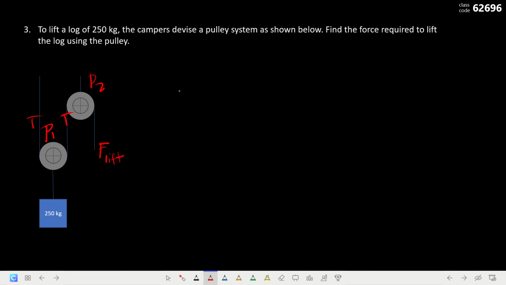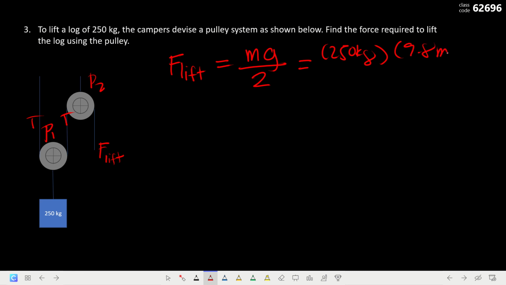Let me rewrite our solution here. We said that the force required to lift the object is equal to mass times the acceleration due to gravity divided by 2. If we substitute the given, we have 250 kilograms times 9.8 meters per second squared divided by 2.